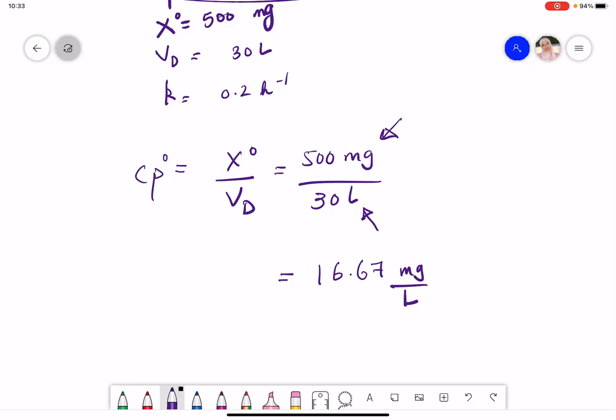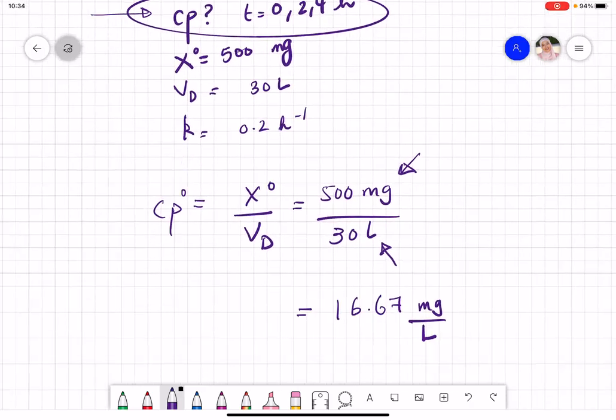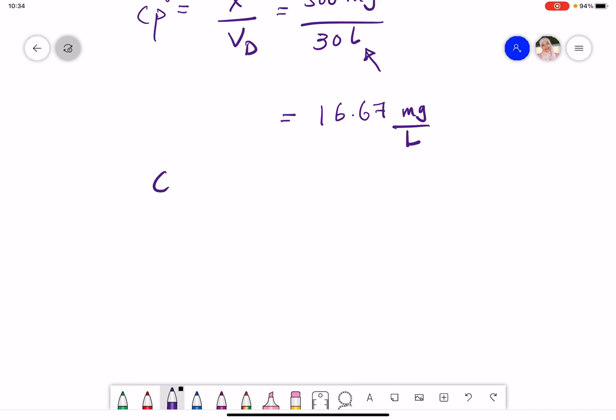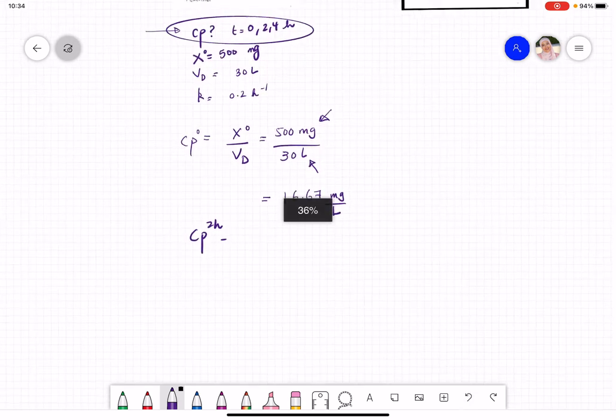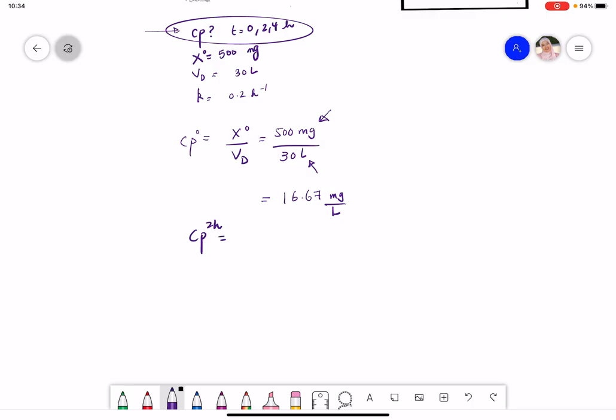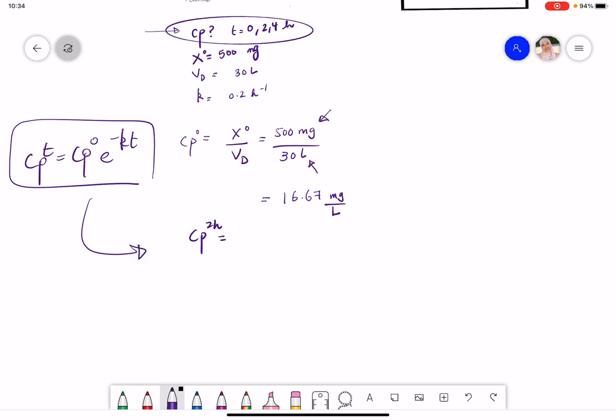Okay, the second one is 2 hours. We need Cp at 2 hours, which will be equal, first of all, you know that Cp at a certain time equals Cp naught e^(-k multiplied by the time). So I will use this here.